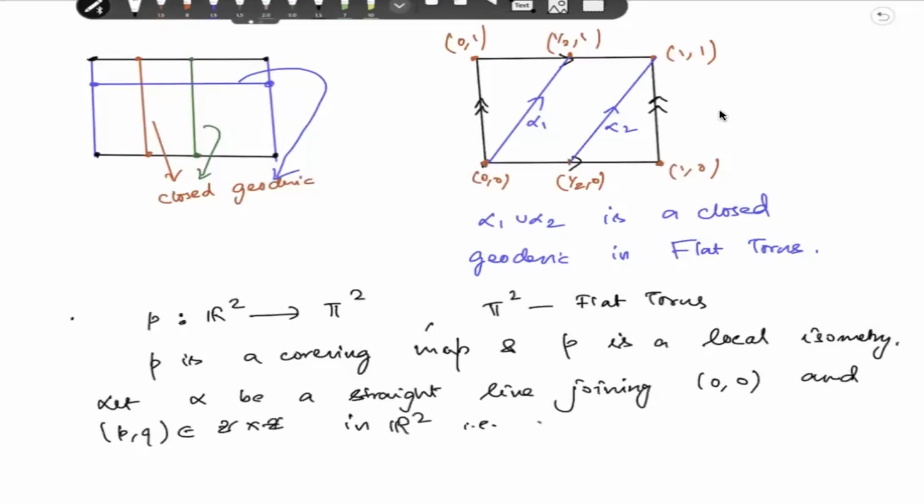So that is alpha(t), which is nothing but (1 minus t) times (0, 0) plus t times (p, q), a convex combination of these two points.